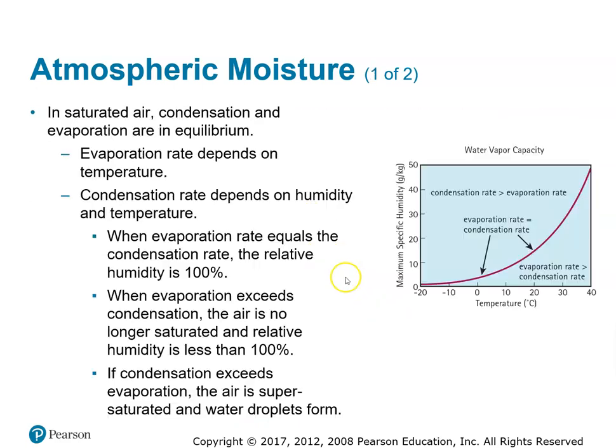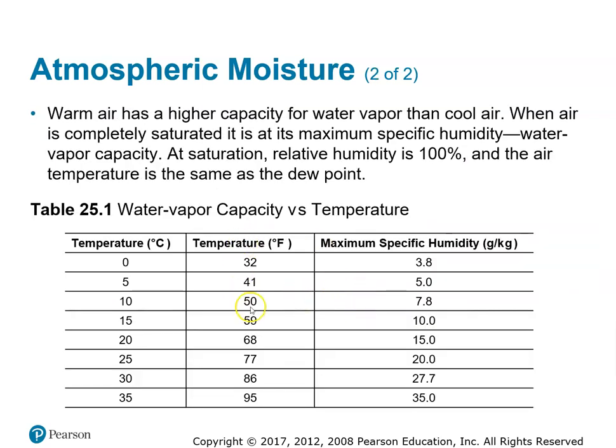All right. So as I said, this graph here is summarized, at least somewhat anyway, in this table. So let's say the temperature was 0, to find the maximum specific humidity, you just look it up.